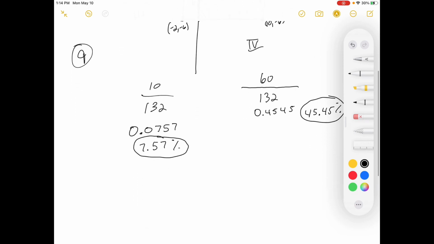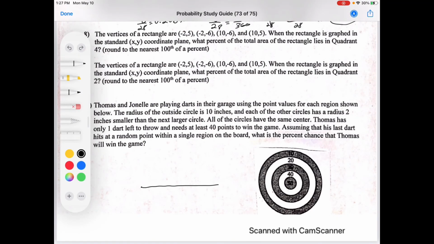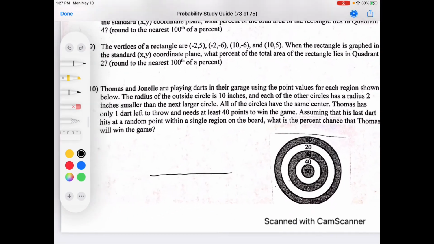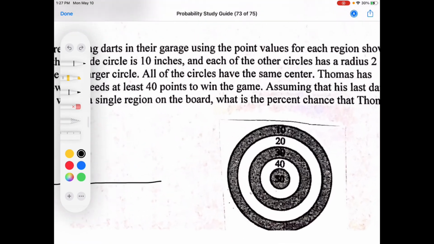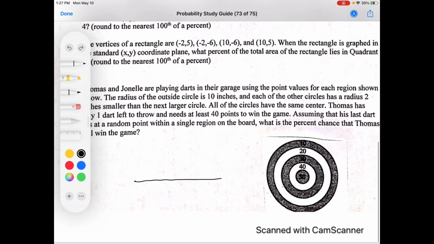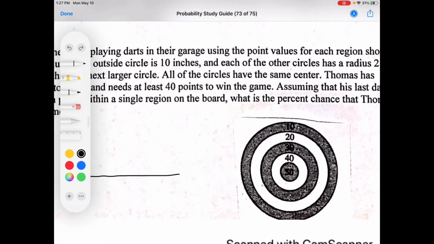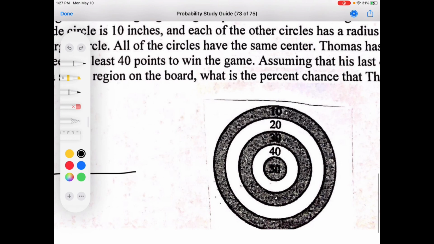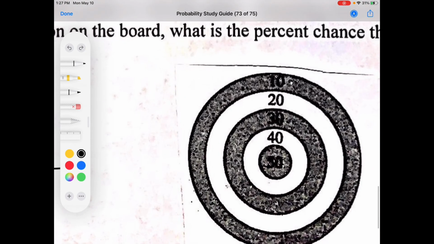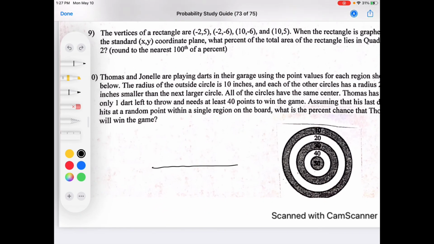All right. Now let's look at 10. Okay, on this last one is a geometric area problem and dealing with this dartboard. And it wants to know what is the percent chance that Thomas throws it in the 40-point range. He needs at least 40 points so he can hit the bullseye, or he has to get it in that 40-point circle.